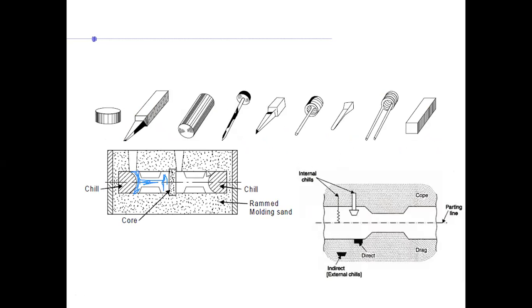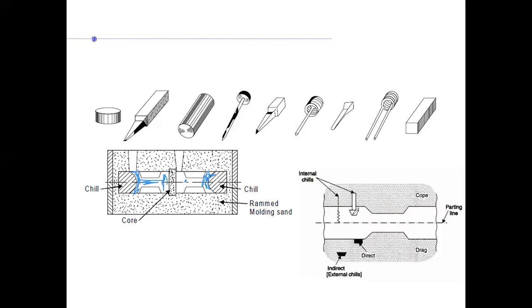Here also, same thing. So this casting here, this part would be harder than the other parts, maybe here as compared to here and here. This would be harder because of the extraction of heat by the chill.